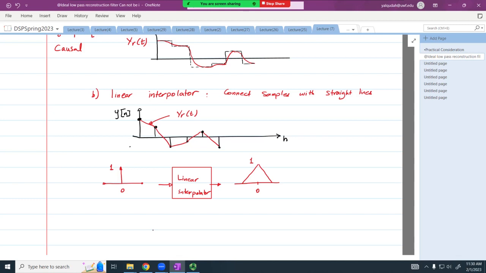You can see it because it connects the previous point to the current point to the next point. If the previous point is 0, 1, 0, it's going to connect 0, 1, 0. And that's the output when we apply an impulse. Okay. One more question. How does this look in the frequency domain?